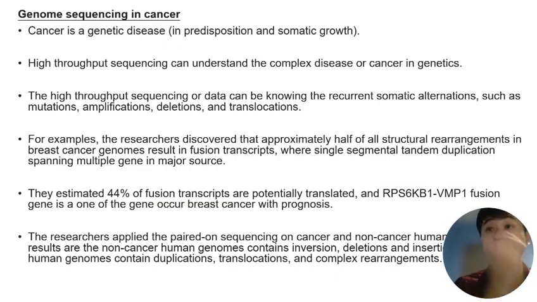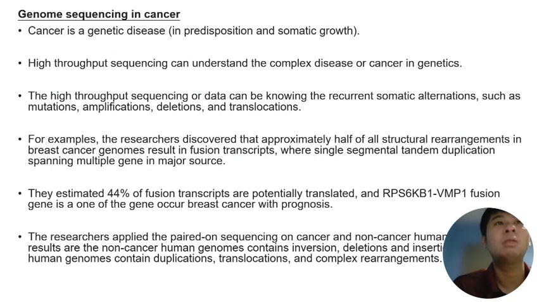The first example we can see is genome sequencing in cancer. Cancer is a genetic disease, which can be a predisposition in a person, and cancer can also grow in the somatic body.